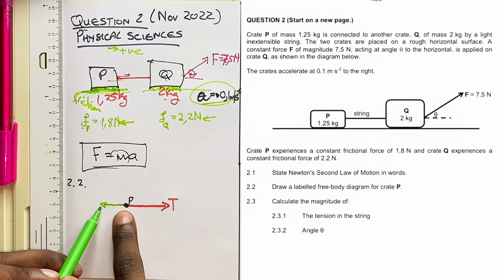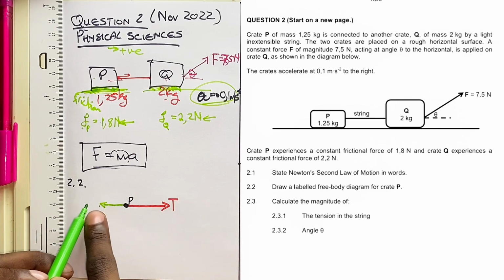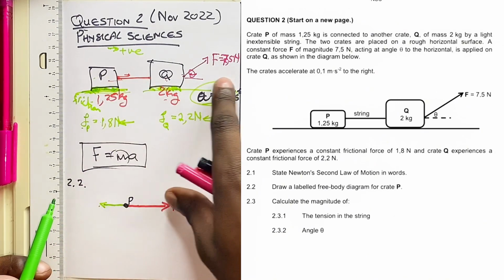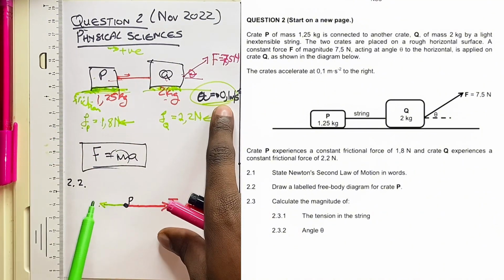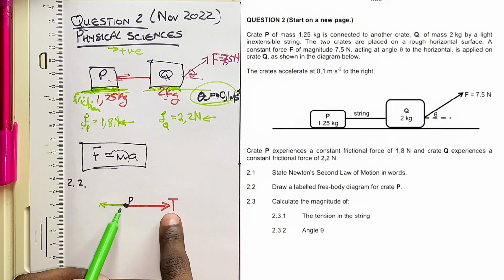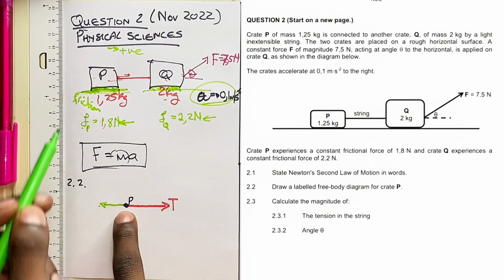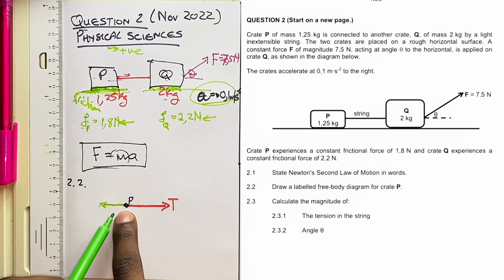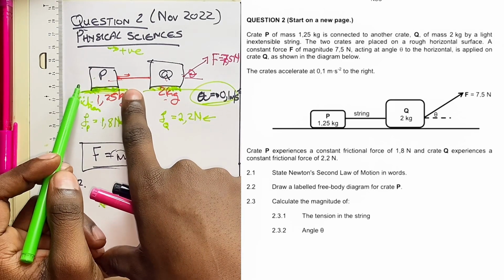Now, notice that I'm making the vector of friction smaller than the vector of tension. And that is because we know that it is accelerating to the right. Because of the force, it is accelerating by 0.1. So we know that whatever force is pulling it in that direction, it is stronger than whatever friction is being experienced by grade P. Because if this friction was equal to the tension, then our grade would not be moving.